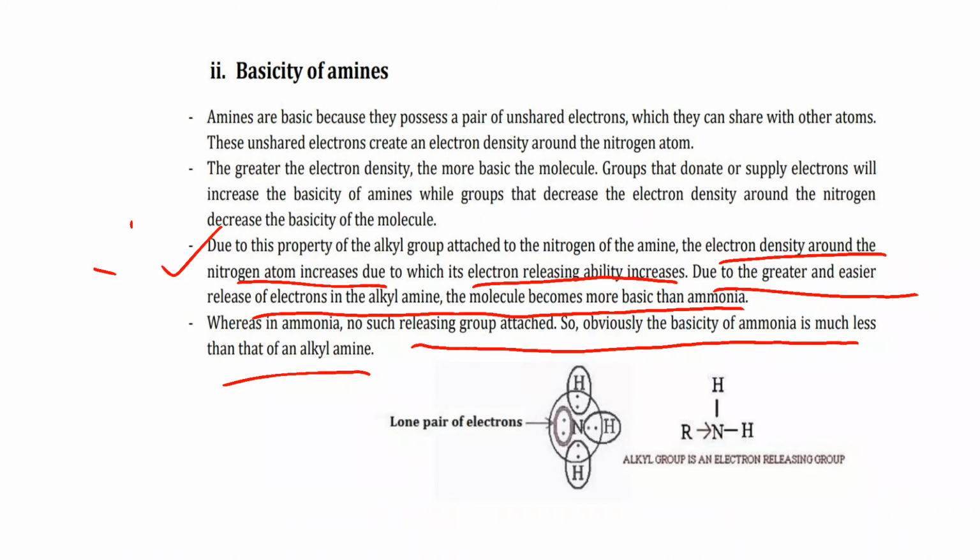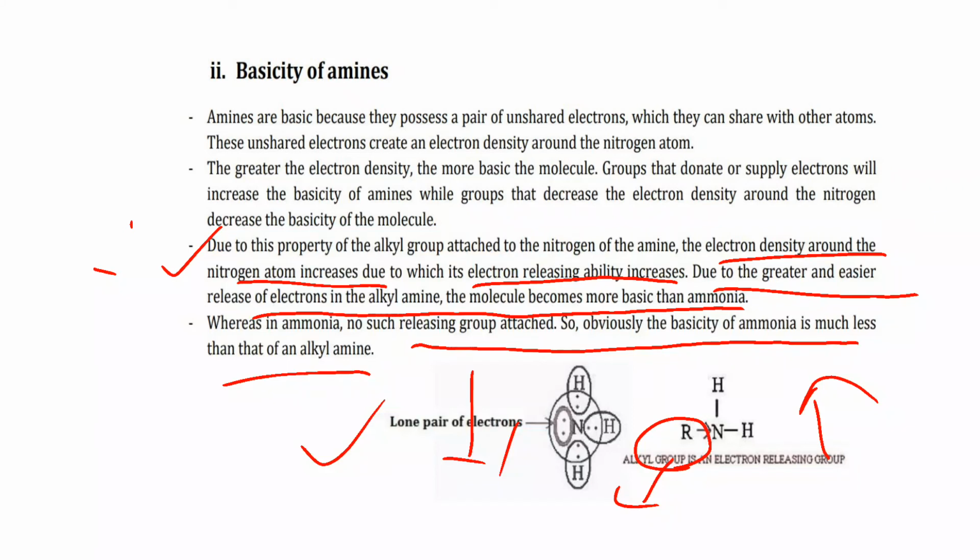Ammonia has a free lone pair of electrons, but in alkyl amines the alkyl group is an electron releasing group, therefore they are more basic in nature.